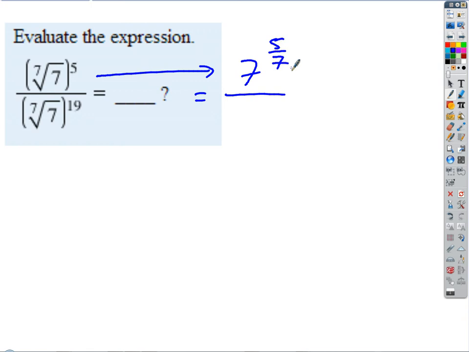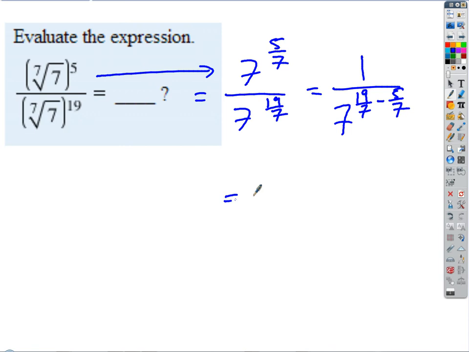divided by 7 to the 19/7. Okay, so when we divide like bases, we subtract. Bottom is a bigger power, so we keep it on the bottom. And we get 1 over our base on the bottom to the 19/7 minus 5/7, which is what? 14/7, which is what? 2.